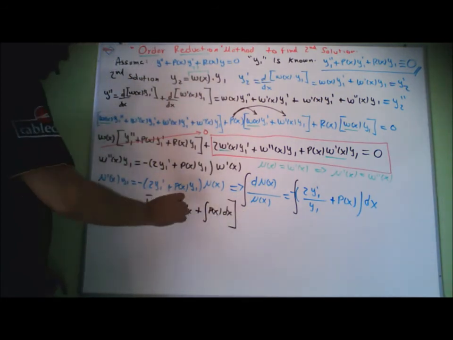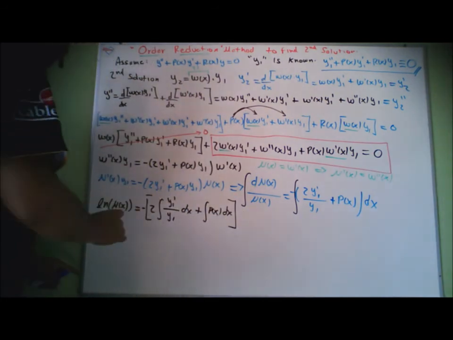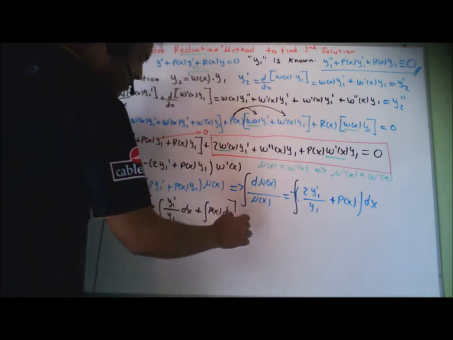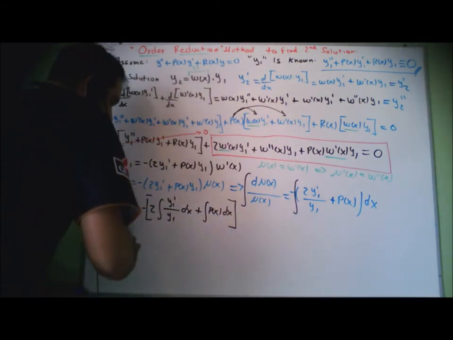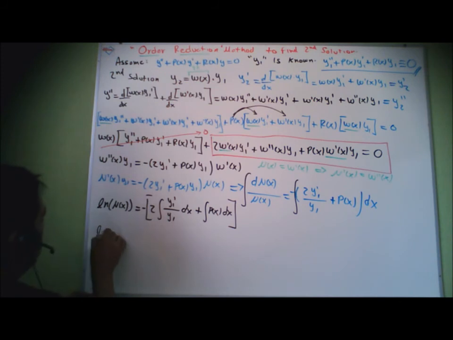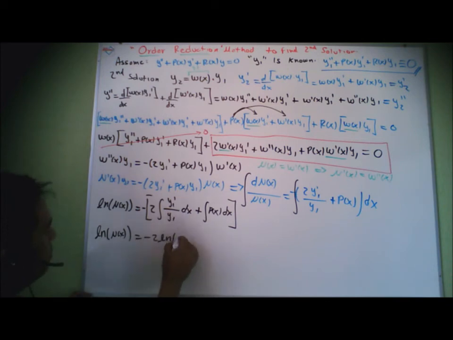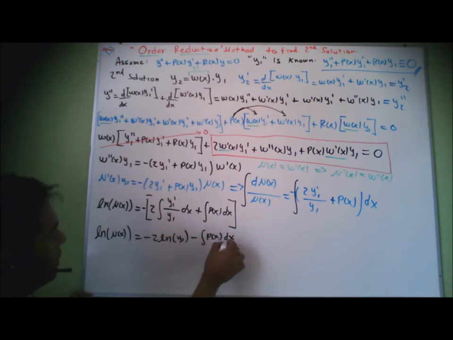We can solve this because this is a natural logarithm again. So the natural logarithm of mu of x equals minus 2 natural logarithm of y1 minus the integral of p of x differential of x. We cannot solve this integral because we don't know what p of x is.